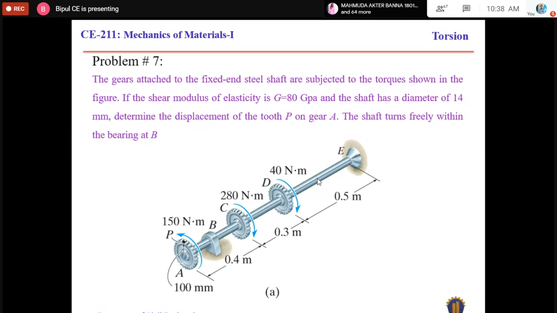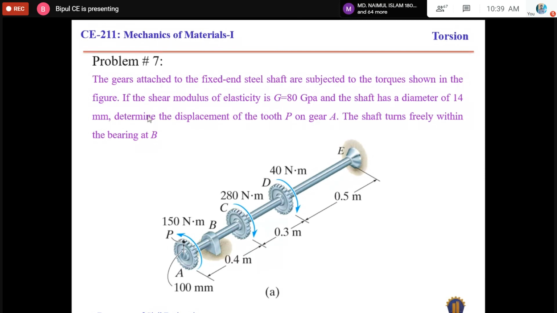There is a point on the outer surface of gear A. The point is P. Determine the displacement of the tooth P. Basically, those are known as teeth of the gear, and the name of this tooth is P. We have to determine the displacement of the tooth P if the gears are subjected to this amount of torsional force, and the shaft turns freely within the bearing at B. I have already told you that the support is frictionless.